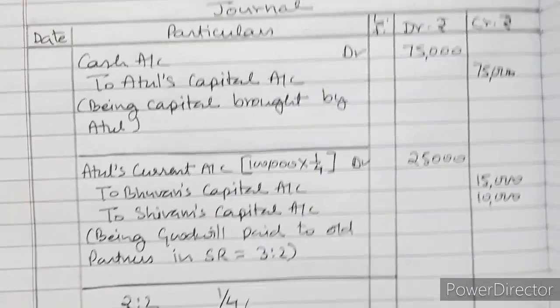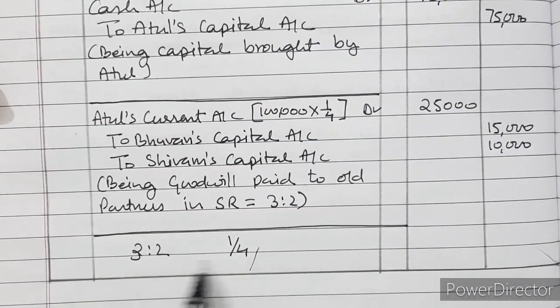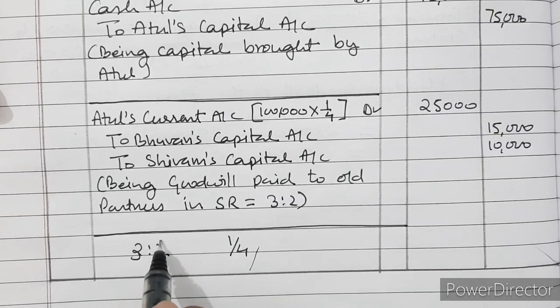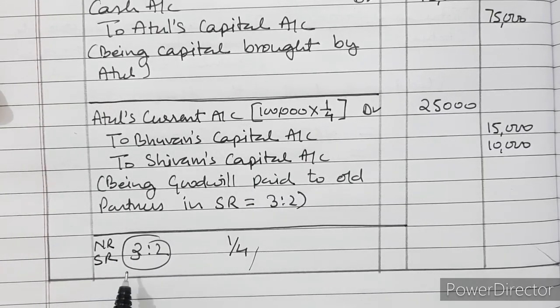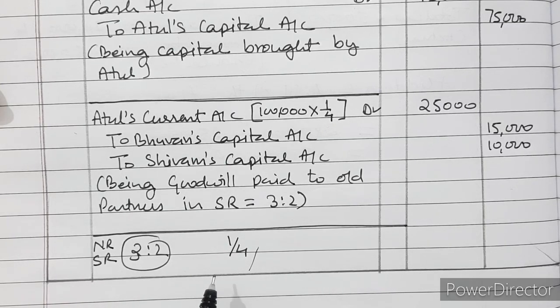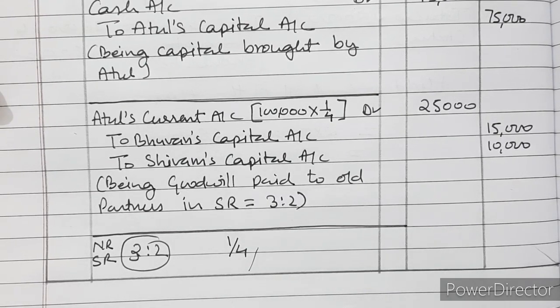When only this much information is given in the question, then this ratio is new ratio as well as sacrificing ratio. Even if you calculate, you will get the same. You can click the I button to learn more about how to calculate sacrificing ratio, new ratio and gaining ratio.